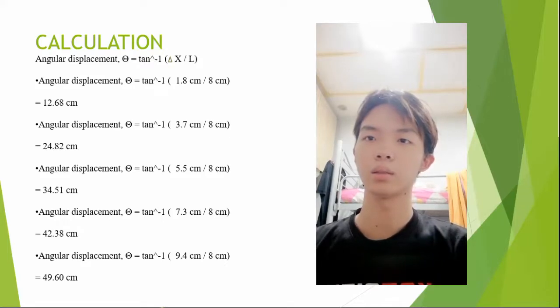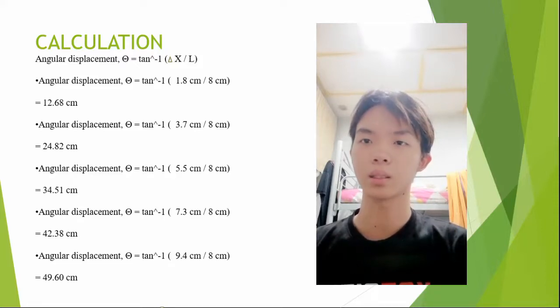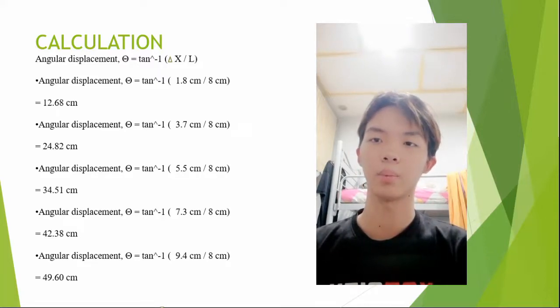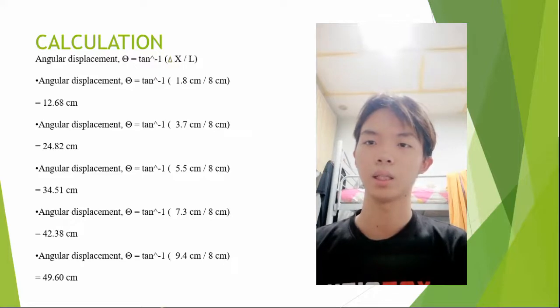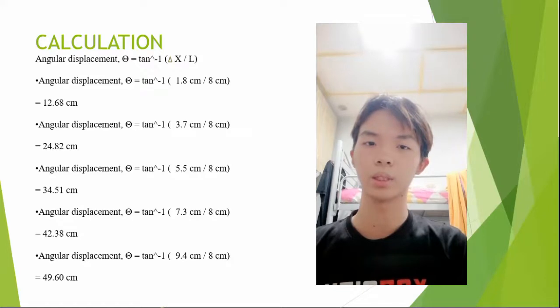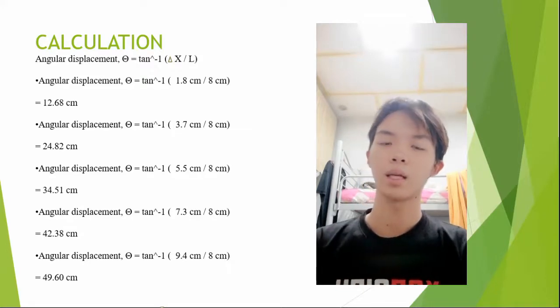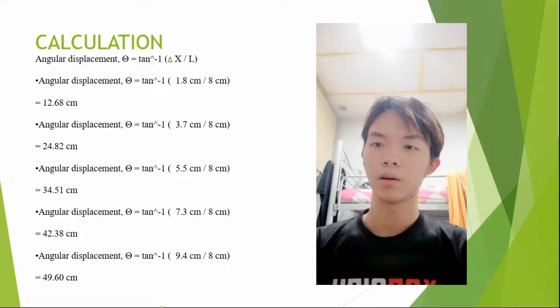For 100 gram, the angular displacement is 12.68, and next 200 gram is 24.82, and following, 300 gram is 34.51, and then 400 gram is 42.38, and next 500 gram is 49.60.